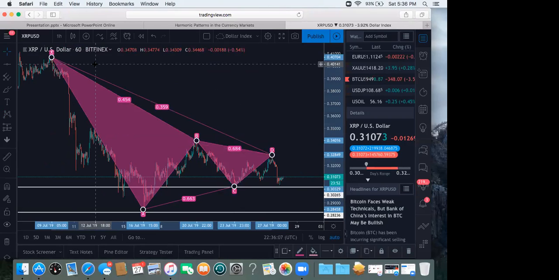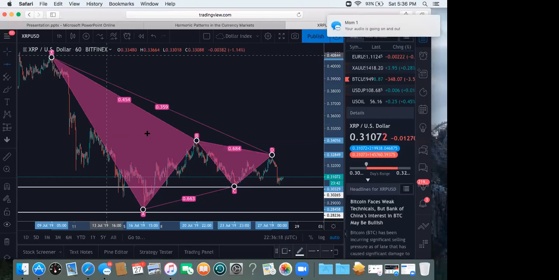Usually for that X, you always want to put it at the highest high. So we can go ahead and put some resistance right here.